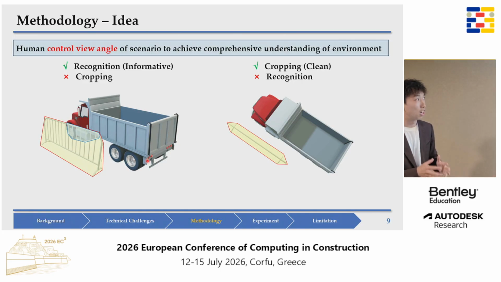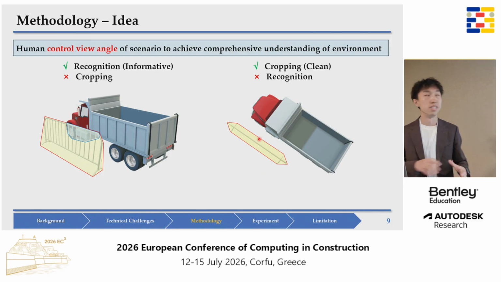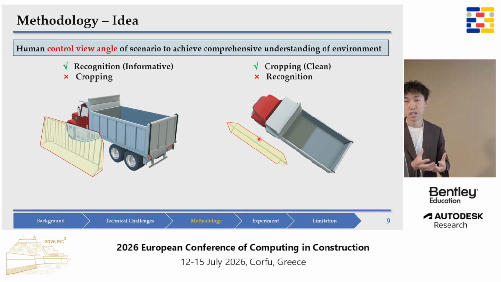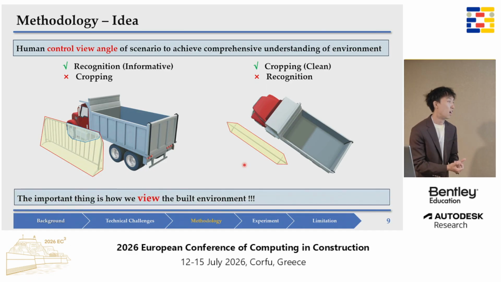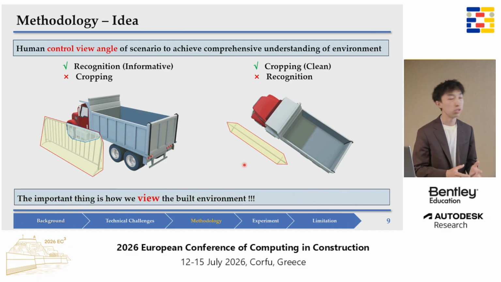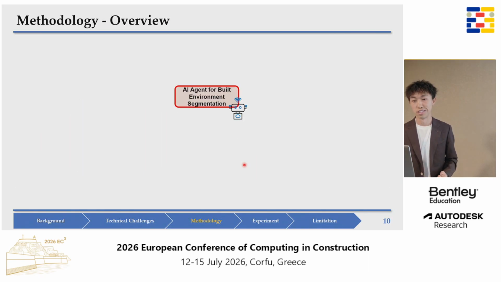Another critical view is the cropping view. In this view, we can easily crop the target object out, but it's not friendly for recognizing the object. So the basic idea is that how we view the built environment really matters.